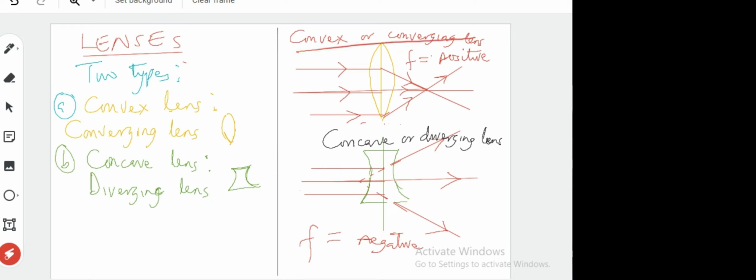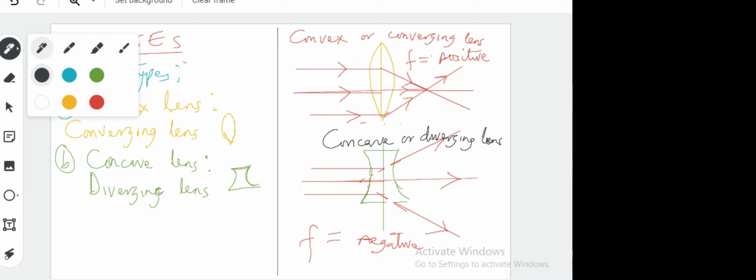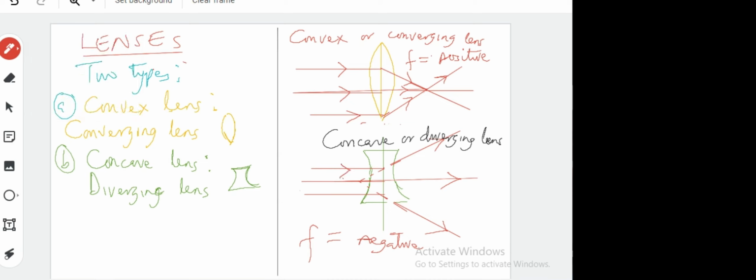Now for a converging lens or convex lens, a ray of light incident on it, or rays of light incident on it, will come out meeting at a point, or converging at a point, and then of course they will still diverge after that point. So that's why it's called a converging lens. Now for a concave lens, rays of light coming towards it will spread or diverge, after they pass the lens. And that's why it is called concave or diverging lens.